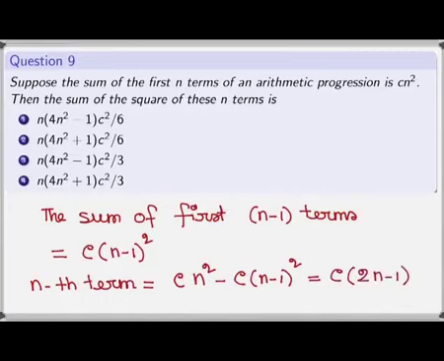So, we know the nth term of this arithmetic progression, that is c into 2n minus 1. Let us call the nth term of this progression AR.